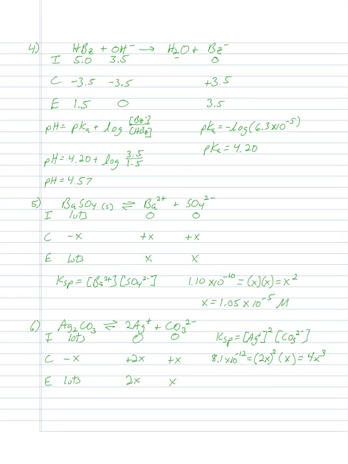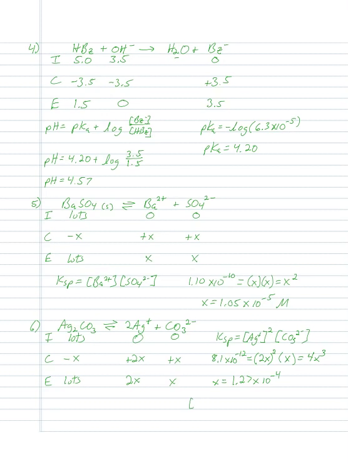And so when I solve for x here, I just divide by 4 and then take the cube root, and I get an x value of 1.27 times 10 to the minus 4. Okay. Now this problem asks for the silver concentration, and we see that our silver concentration at equilibrium is equal to 2x.